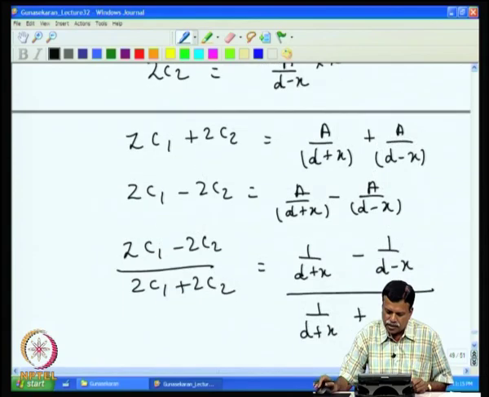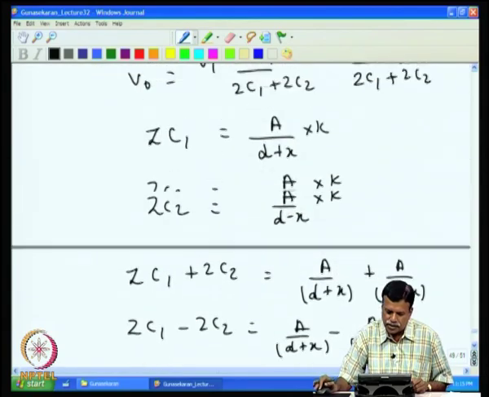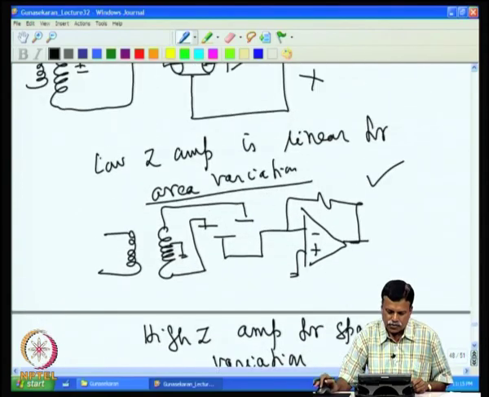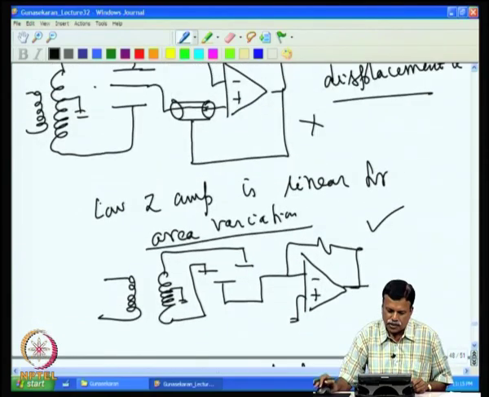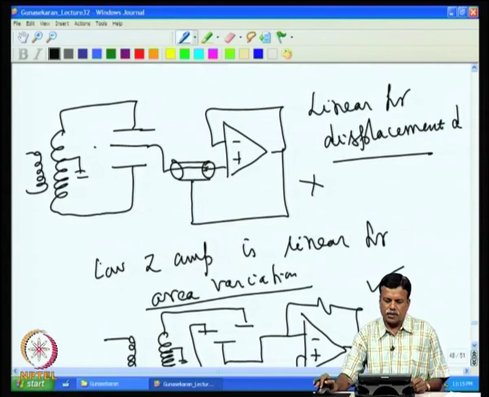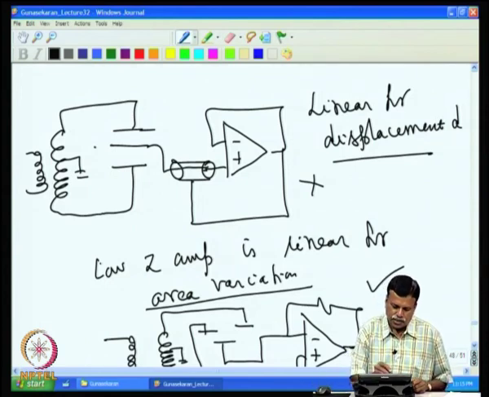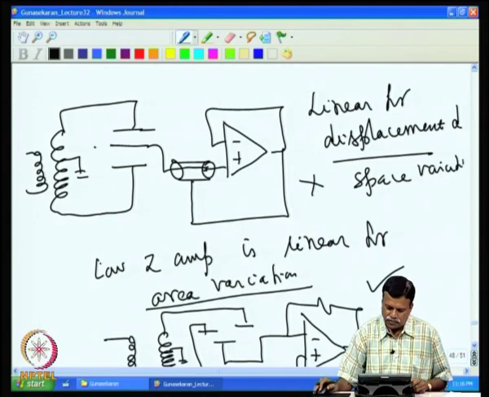So this is anyway linear. If I had to take area variation here, though I had taken it as LVDT amplifier for linear displacement d, this is for space variation, and this is for area variation.